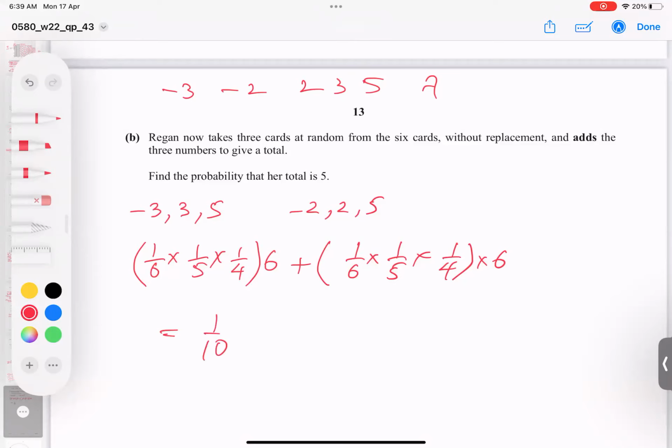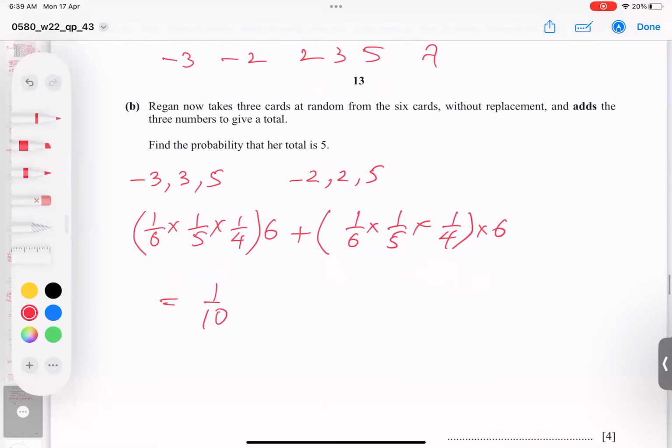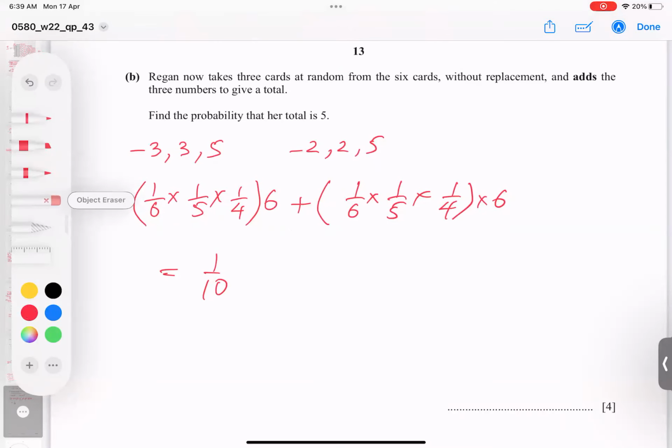Students, whenever we have three things, for example, I give you an idea. If I have to rearrange, because this is not the only possibility, there are three possible. Look at it. -3 comes first. If you take cards, maybe -3 comes first, second card is 3, then next card is 5.